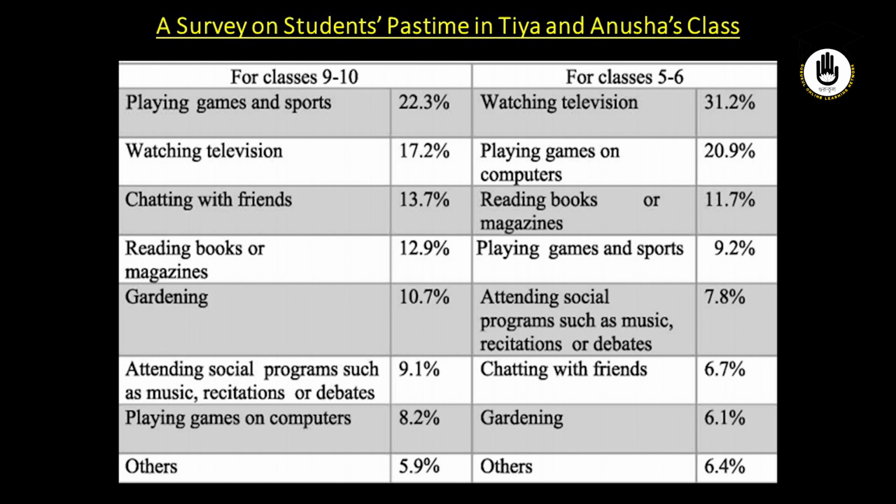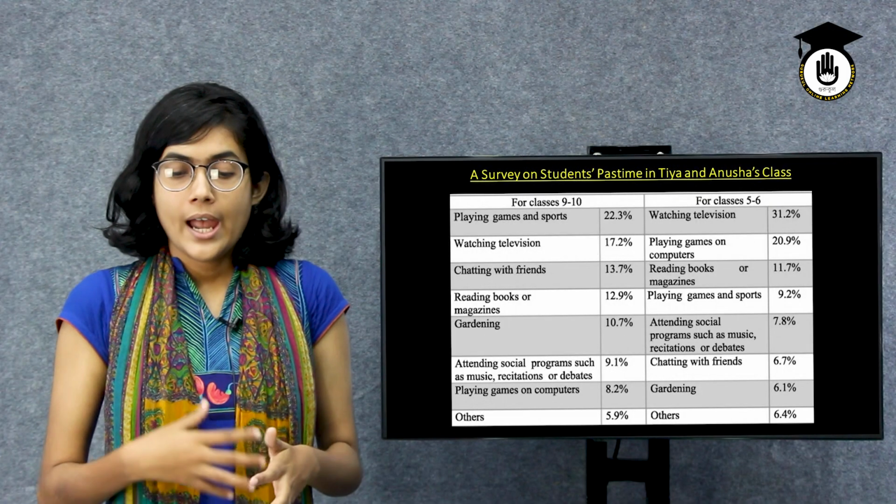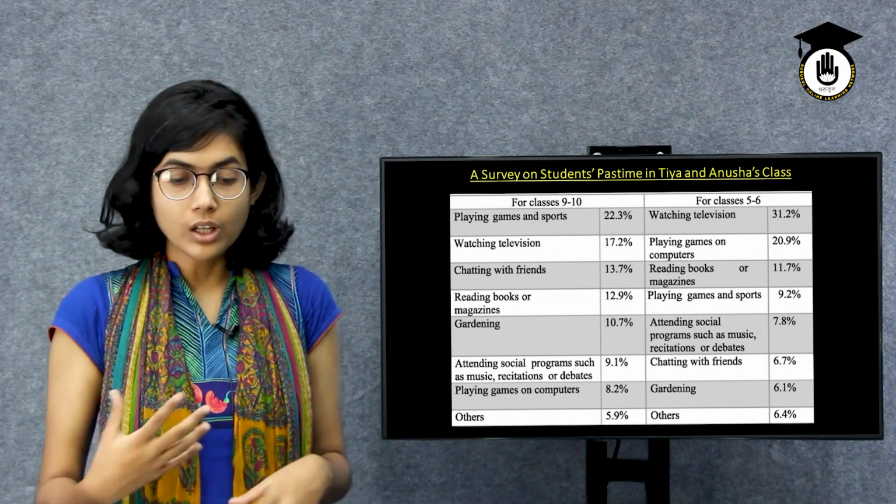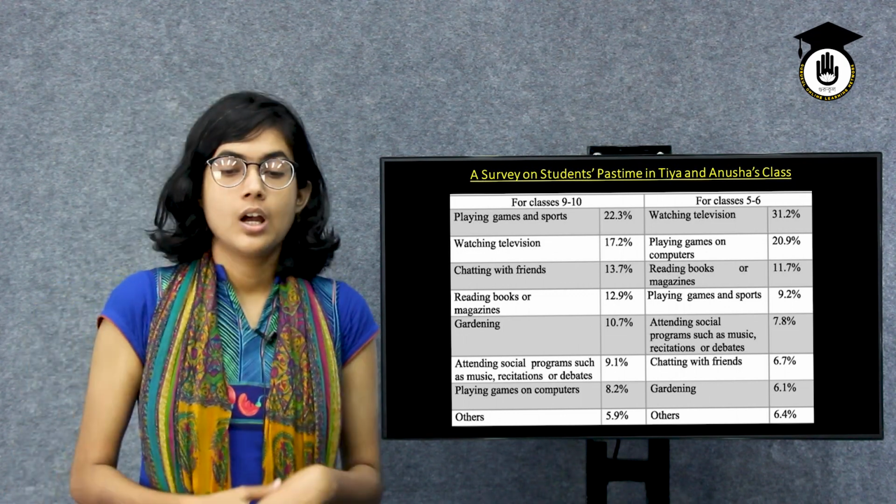You can see a section is for class 9-10, another section is for class 5-6. There are some common activities which are named, like playing games and sports, or games on computers, and watching television, chatting with friends, reading books or magazines, gardening, attending social programs, playing games, and also some other things.